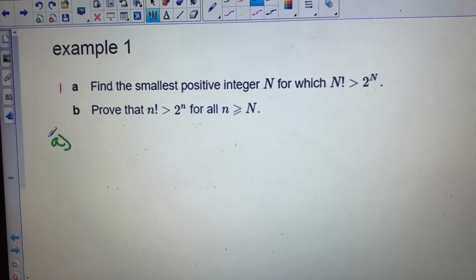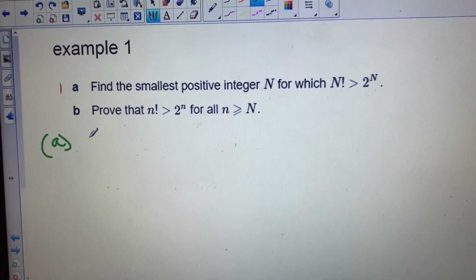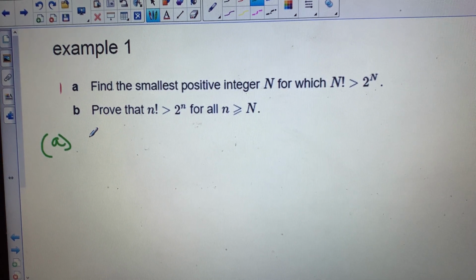First of all, find the smallest integer of n such that n factorial is greater than 2 to the n. When I first did this, I thought, oh, I'll use table function. And I rearranged it to make it n factorial take away 2 to the n is greater than 0. And I've set it up in table function. And obviously it happened really quickly.